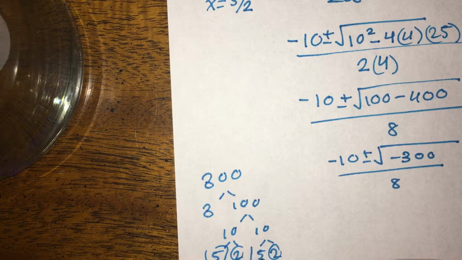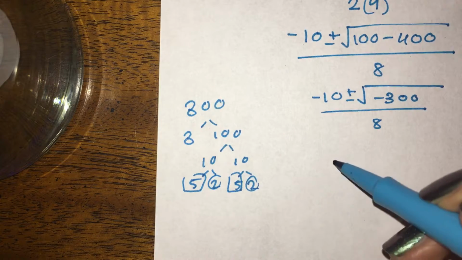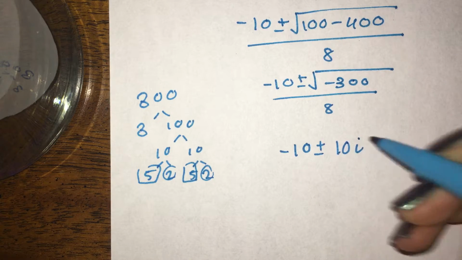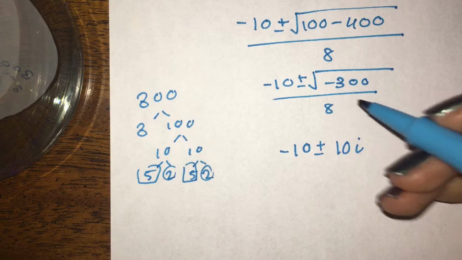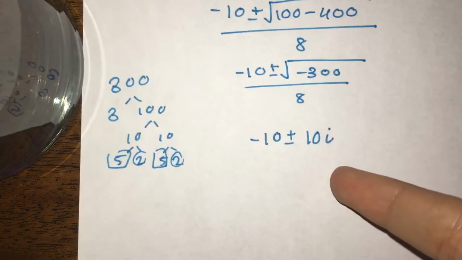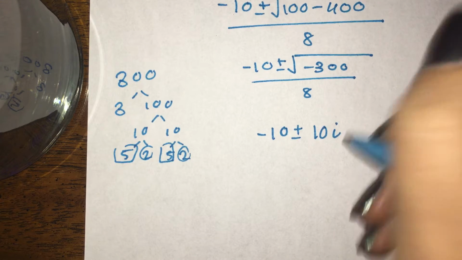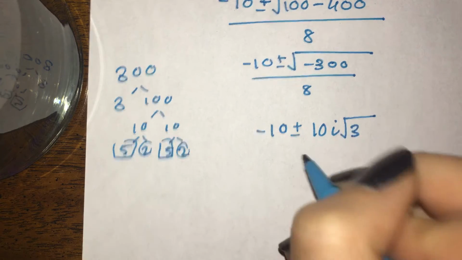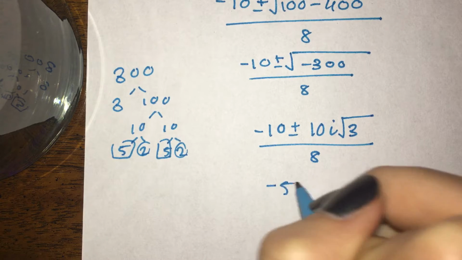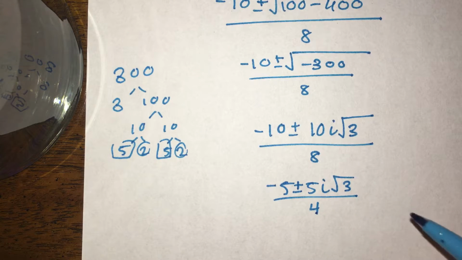So 5 times 2 is 10, and that will go on the outside, so negative 10 plus or minus 10i, because the number under the radical is negative, so i is equal to the square root of negative 1. So then 3 over 8, and we can simplify a bit more by dividing everything by 2, so negative 5 plus or minus 5i square root of 3, all over 4.